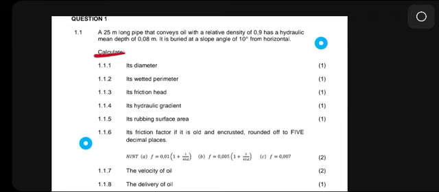We're supposed to find the diameter of this pipe, guys. So given the hydraulic mean depth, we know that M is equal to D over 4.